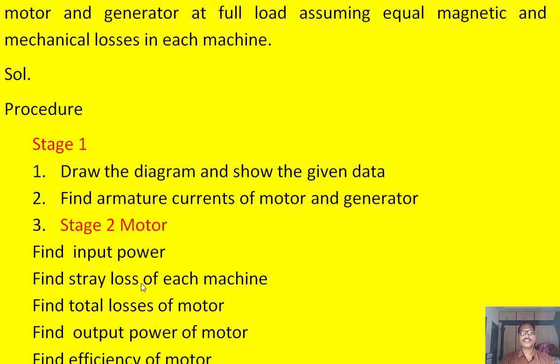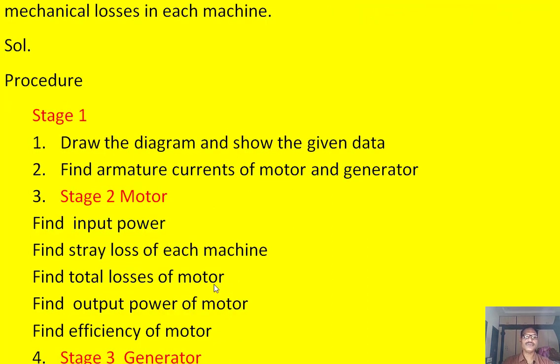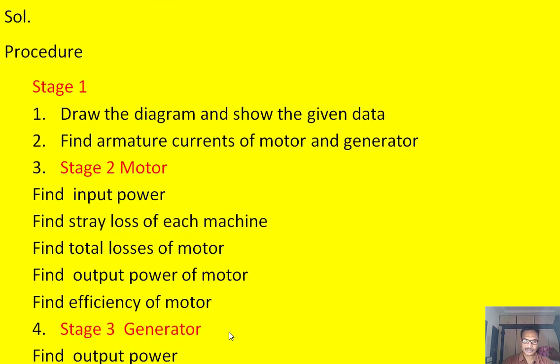Stray loss is nothing but magnetic loss plus mechanical loss. Once we know the stray loss of each machine, we can find the total loss of the motor. Once we know the total loss and the input power, we can calculate the output power of the motor.